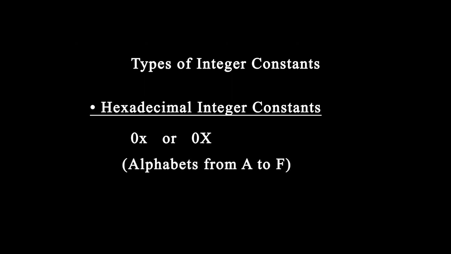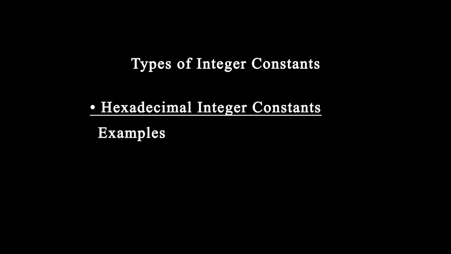It may also include the alphabets A through F or small a through small f. The letters A through F represent the numbers 10 through 15. Following are examples of valid hex integers: 0x2, 0x9f, 0xbcd, or 0x. So these are the hexadecimal integers.